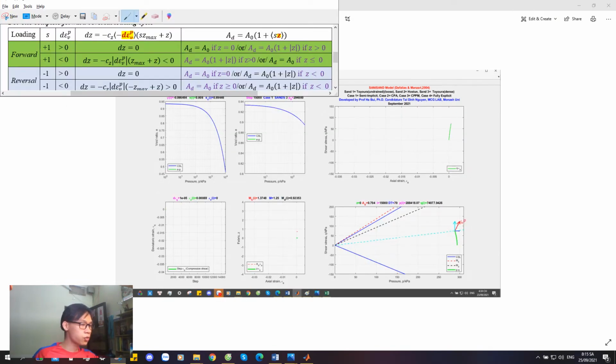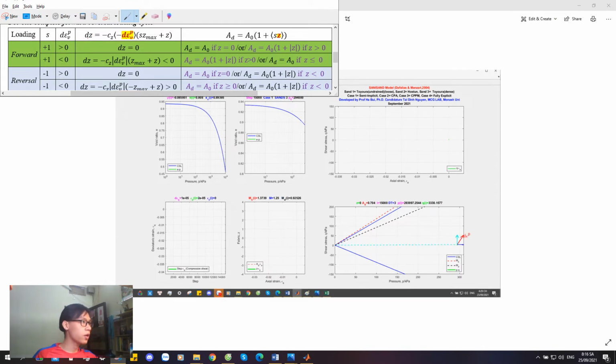For the first figure we can call it forward loading or compression shear. For the first time you can see that dε_v^p is positive. With this positive value, dZ becomes 0.